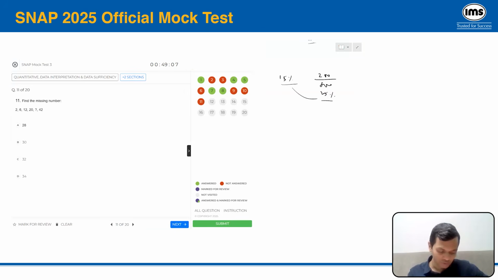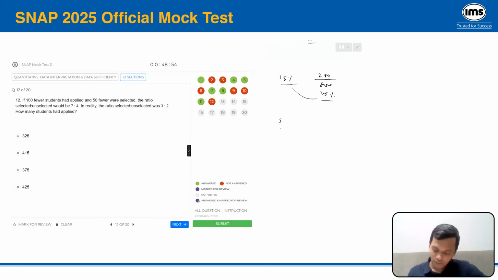I'm making some mistake, maybe. Okay. Geometry I don't solve initially. 4, 6, 8, 10, 30. If 100 fewer students had applied and 50 fewer were selected, the ratio of selected to unselected would have been 7:4. So if 100 fewer had applied, okay. In reality, the ratio of selected to unselected was 3:2. So 3x people got selected and unselected were 2x.